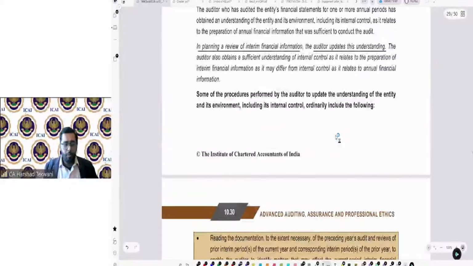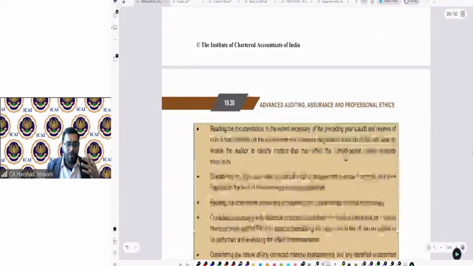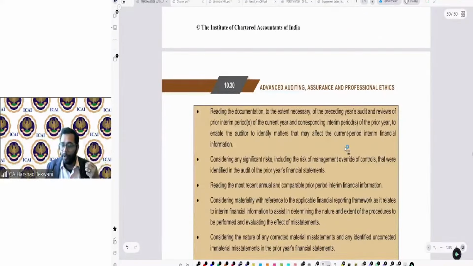In the case of SRE 2410, there are two things that usually happen practically. We perform a review, and simultaneously we start our audit. Along with the limited reviews, we start performing our audit also, so we perform dual purpose testing in some places.